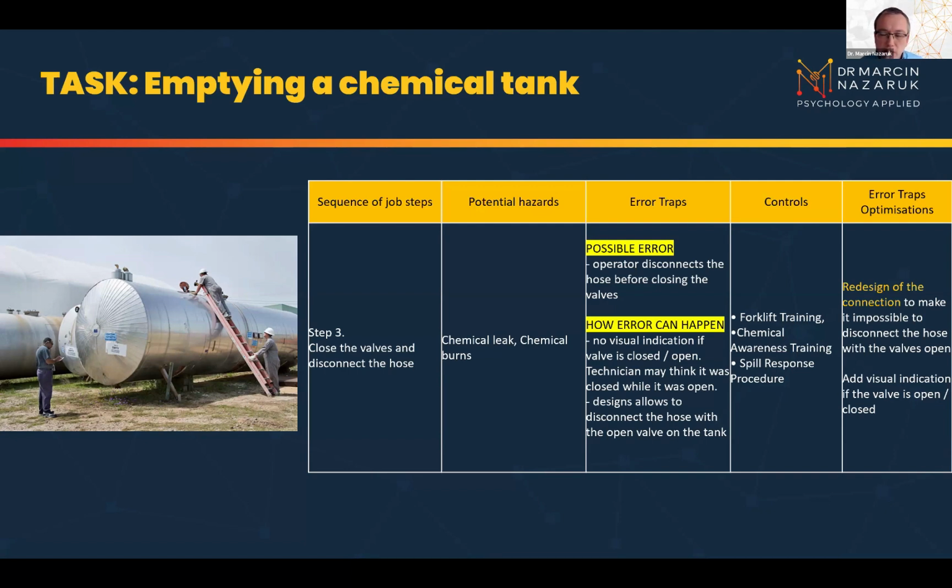But what is important here is that this aspect of risk was not visible to those who did the risk assessment before. And therefore, the risk profile and the calculation of the likelihood also did not reflect the actual risk. The actual risk was higher than the team believed because they did not see those aspects of risk related to error traps.